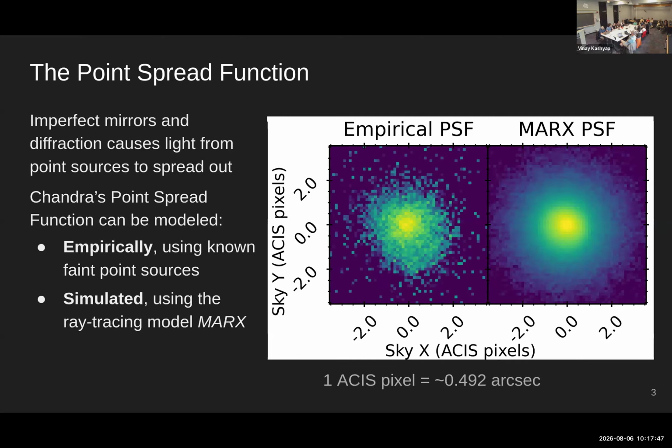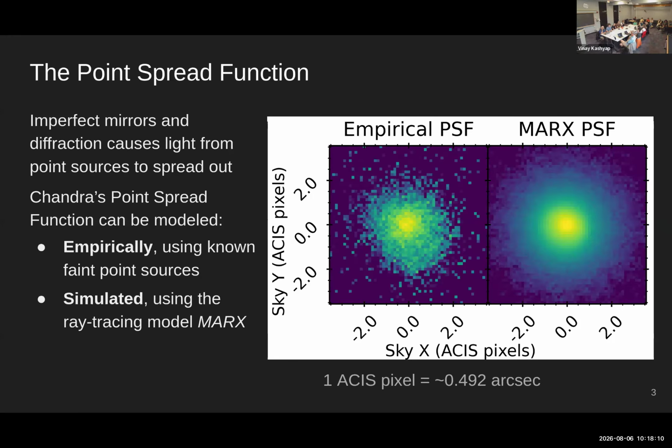For Chandra, the PSF is narrower but blunter at low energies, and sharper and more diffuse, more wingy at high energies, but not spectacularly so. If you approximate it by one, you're not going to do too badly.